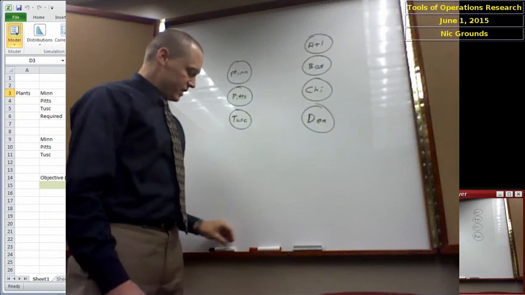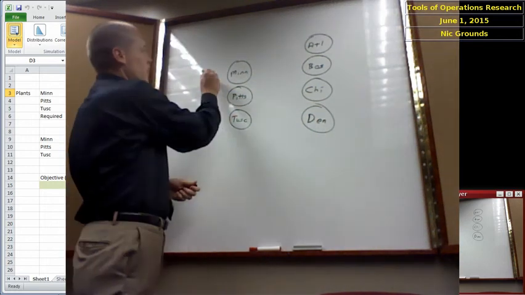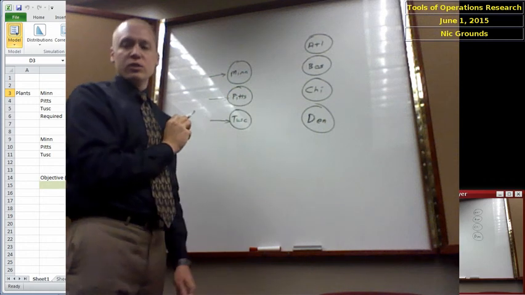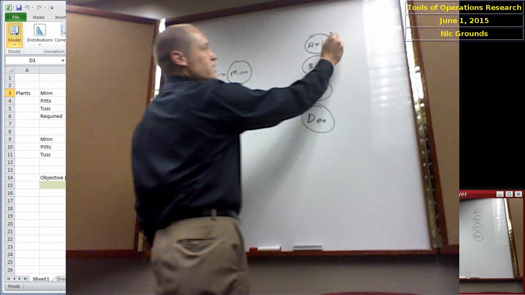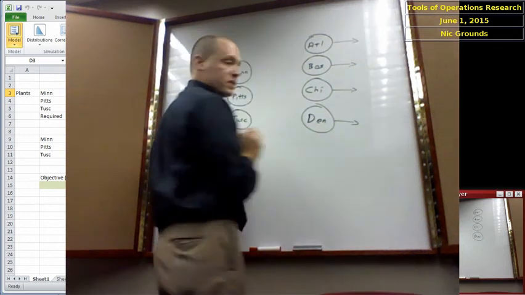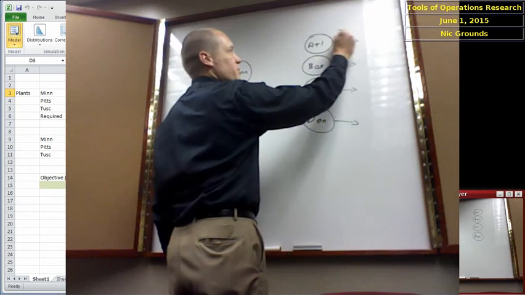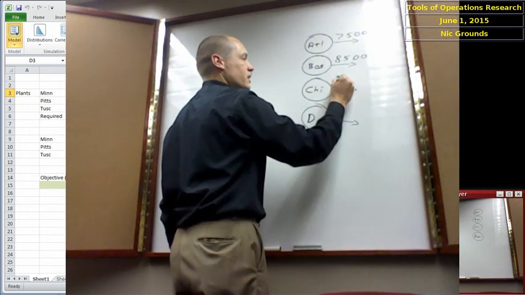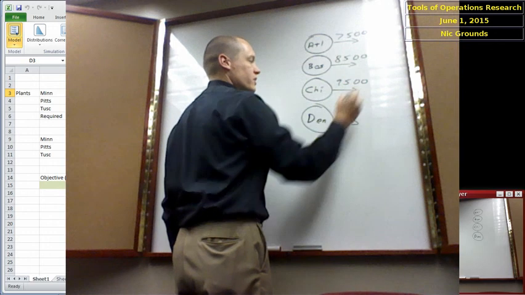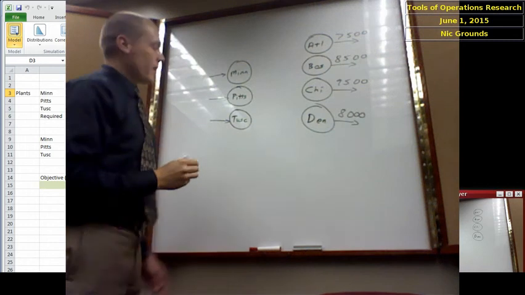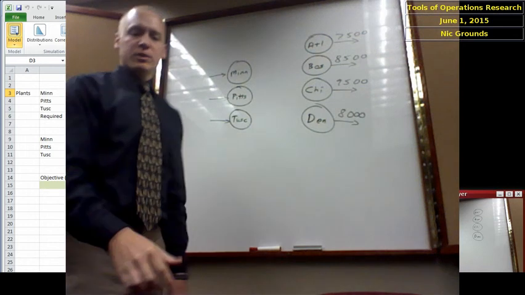And what we did is we found that each source had a capacity, the amount that could be shipped from it, and each destination had a demand, the amount that it wanted shipped to it. And those were something like 7,500, 8,500, 9,500, and I believe 8,000. And what we found was the optimal solution.